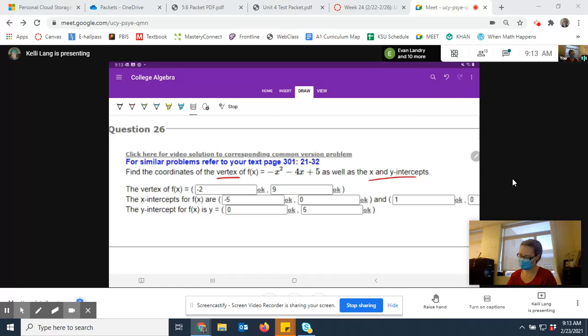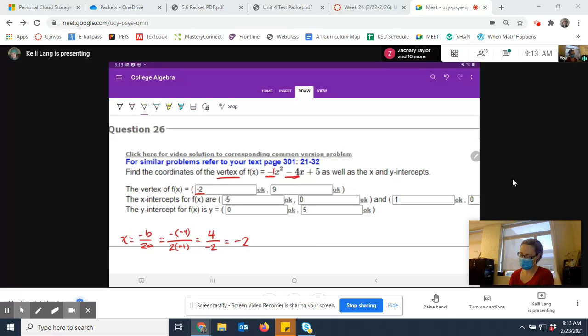So first, for the vertex, we need the x value to be equal to negative b over 2a. Well, here's our b, and here's our a. I'll throw a little 1 there so it's easy to see. We are going to have negative 4 over 2 times negative 1, which is positive 4 over negative 2. That gives us an x value of negative 2.